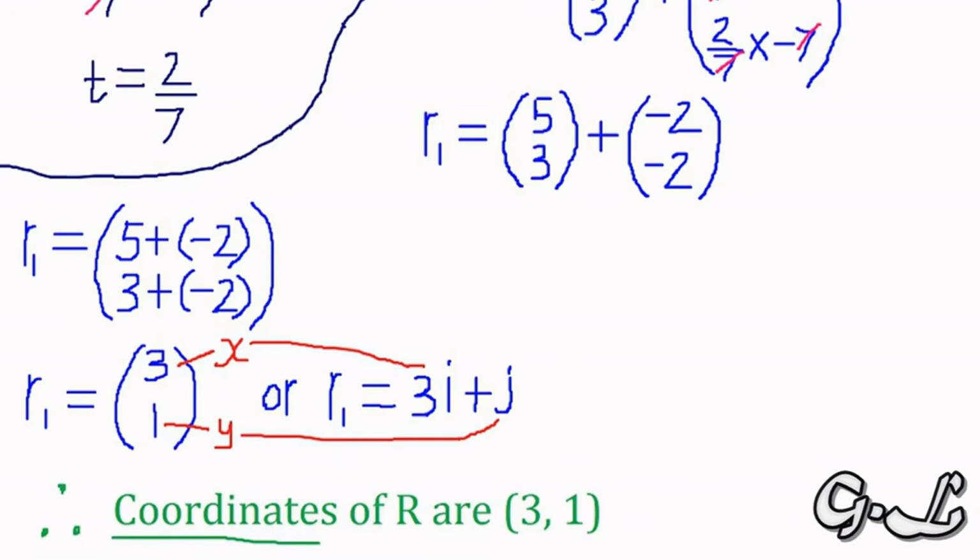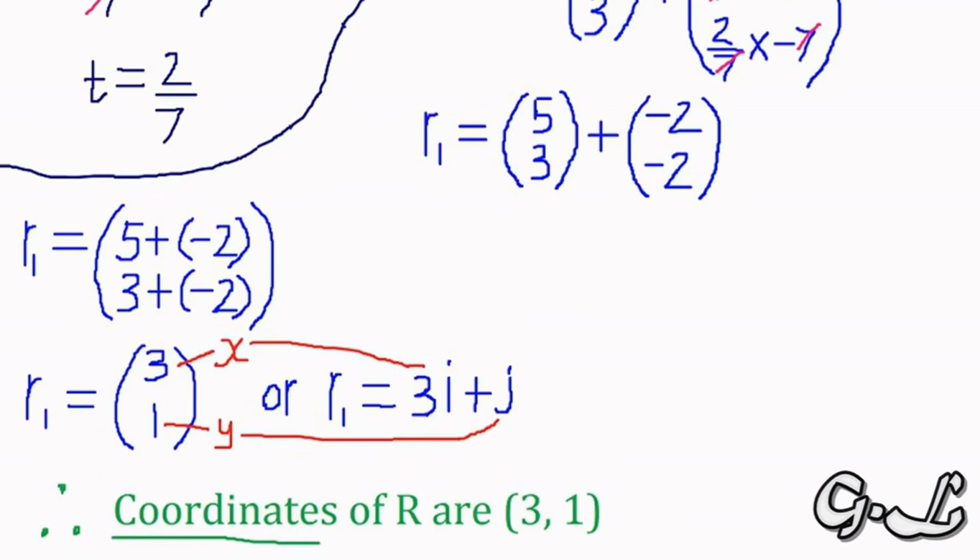So that one which we have, R1 is equal to 3i plus j, is simply representing the position vector. But when it comes to the coordinates form, we consider, just as we mentioned, that in the column vector form the term at the top is representing the x coordinate, and the term at the bottom is representing the y coordinate.